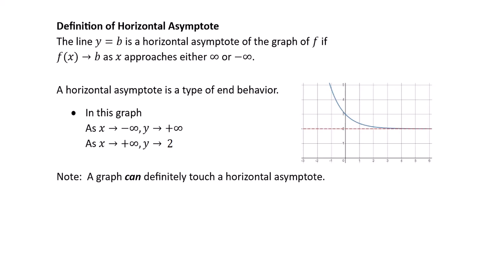In this graph, as x approaches negative infinity, y approaches positive infinity. But as x approaches positive infinity, y approaches 2. This shows we have a horizontal asymptote of y equals 2. A graph can definitely touch a horizontal asymptote.